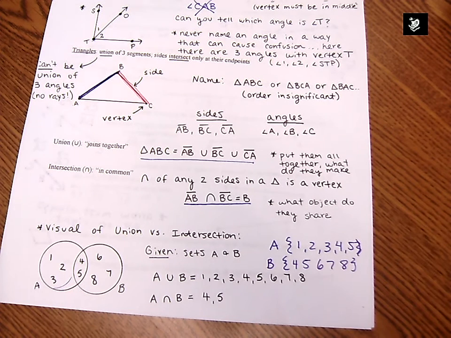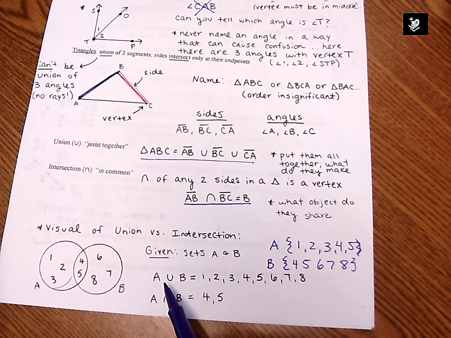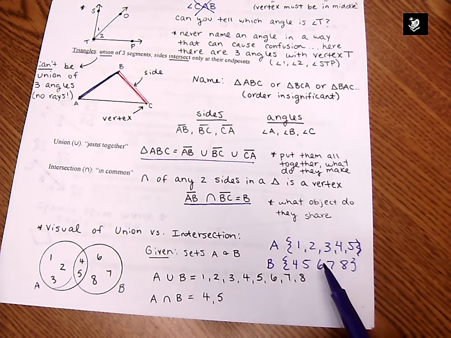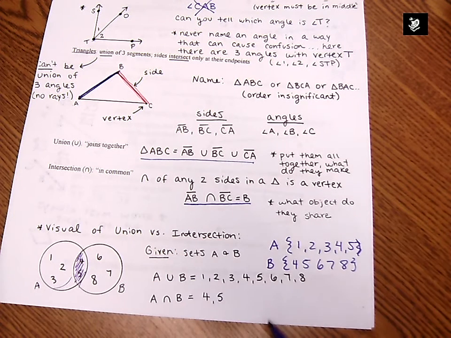So those are my two sets. If I want to talk about their union, or what happens when I join them all together, I just end up with all of the numbers, 1 through 8. But if I want to talk about their intersection, where do they overlap, then the only two numbers where they overlap would be 4 and 5. So that's kind of a visual representation of unions versus intersections.